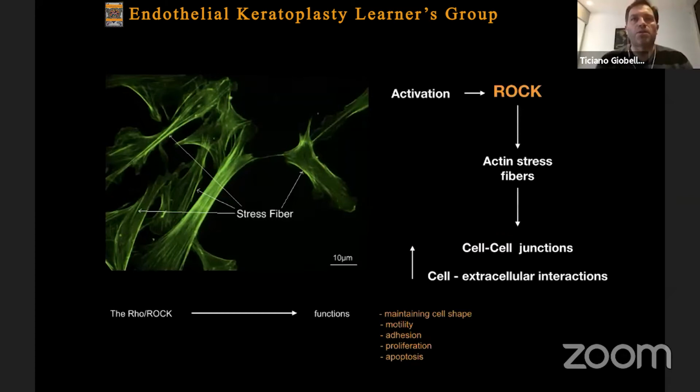Specifically, activation of ROCK leads to formation of actin stress fibers, increased cell-cell junctions, as well as increased cell-extracellular matrix interactions. The Rho-ROCK pathway therefore has an influence on various important cellular functions, such as maintaining cell shape, motility, adhesion, proliferation, and apoptosis of the cells.